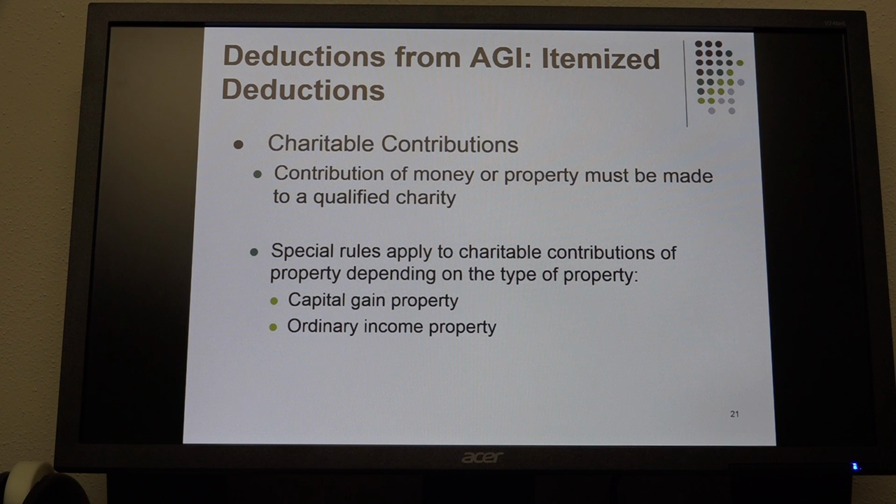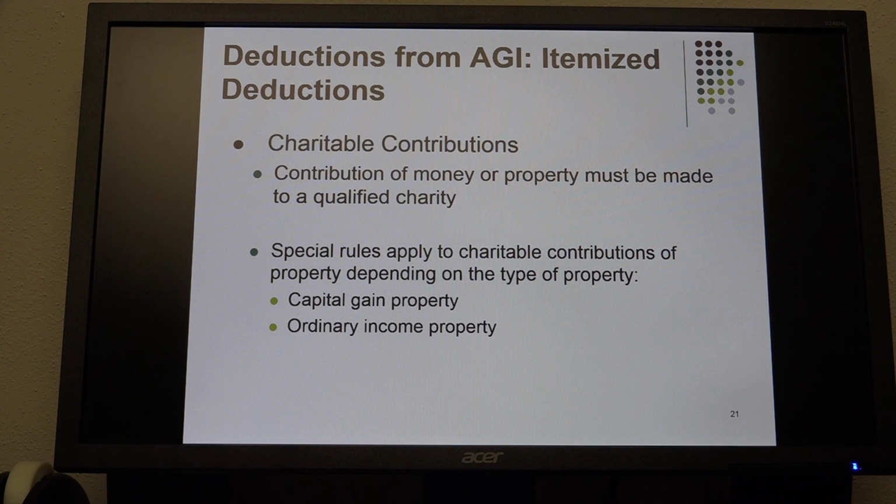There you would have capital gain property, and not only would you be subject to the 50% rule, but there are some other rules. There's a 30% rule and a 20% rule, depending on the type of charity you have. Again, I don't want to get too deep into this, but there are special rules that apply when you're contributing something other than money.